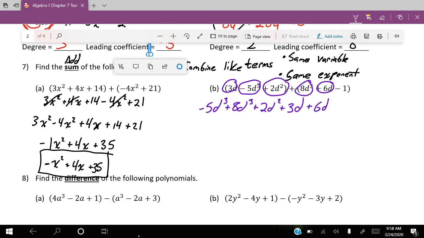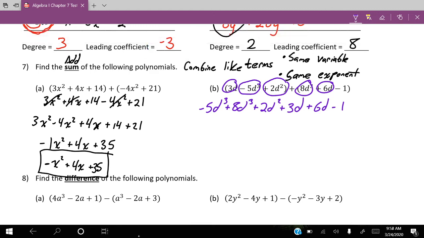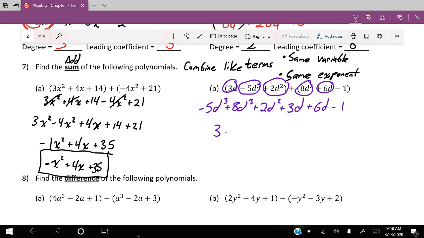And then the last term I actually have is just a minus 1. That goes to the end. All right, the last thing I need to do is combine like terms. Negative 5d cubed plus 8d cubed is simply 3d cubed. Nothing can be combined with 2d squared, so it's simply going to stay 2d squared.